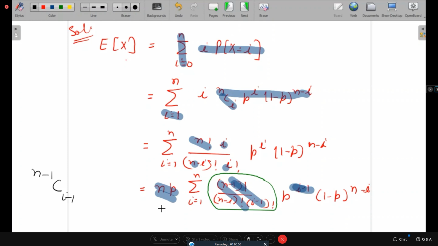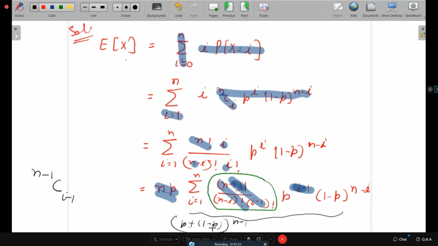Right? So this is nothing but n minus 1 C i minus 1, and now this together, because i goes from 1 to n. So n minus 1 C 0 is the first entry, and the last entry, when i equals n, is n minus 1 C n minus 1. So I can write this whole block as p plus 1 minus p to the power n minus 1.